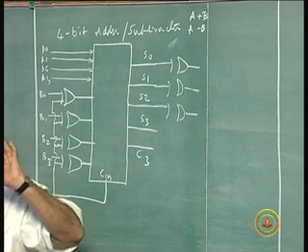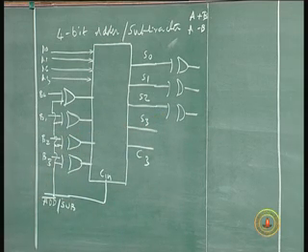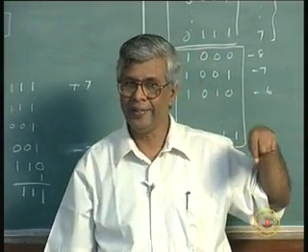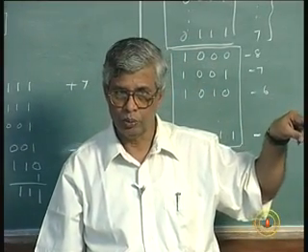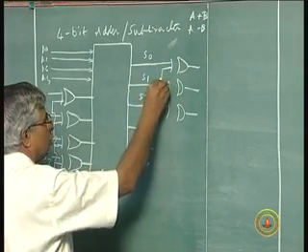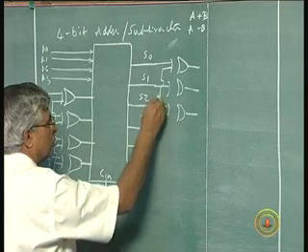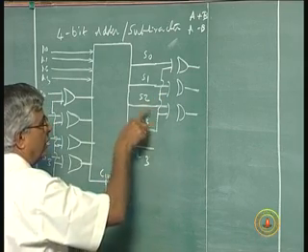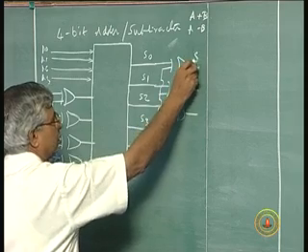If the number is negative, C3 would be 1, so I can use it to complement S0, S1, S2. Otherwise, it goes as it is.